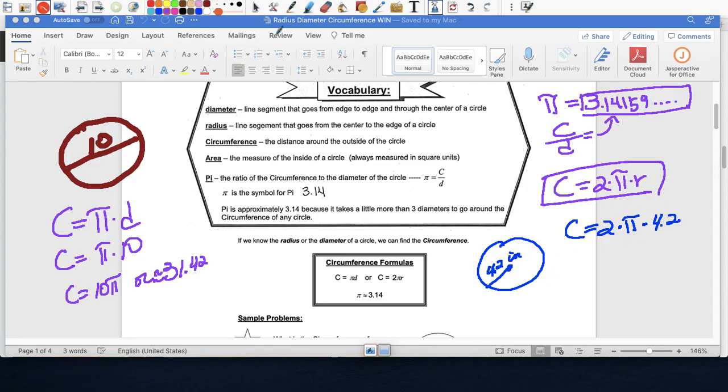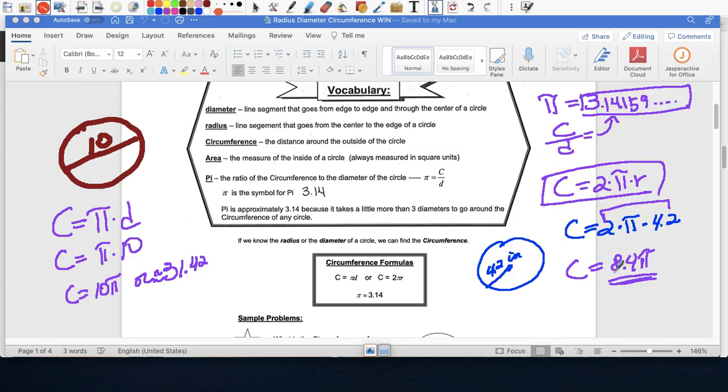So the next step would be to multiply. I'm going to multiply these two. 2 times 4.2 is 8.4. And then I'm going to multiply by pi. So one of the answers is 8.4 pi. We can leave the answer like this. Some people don't like to have a decimal because a decimal is not going to be an exact value, so they leave it like this.